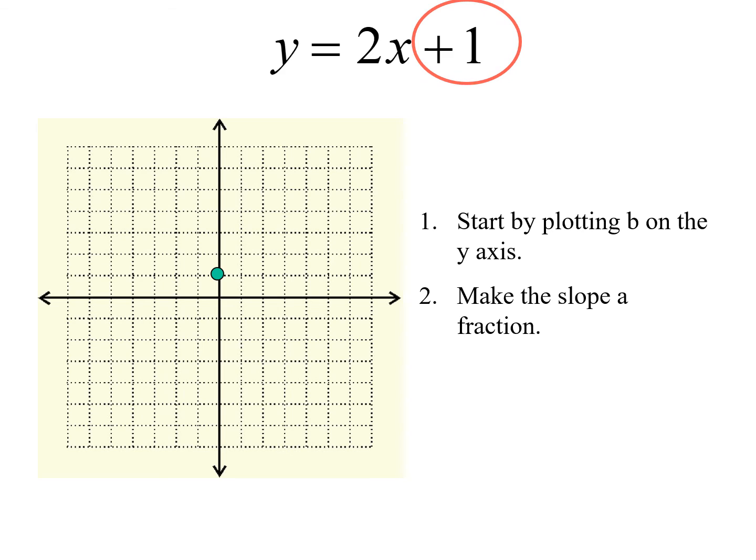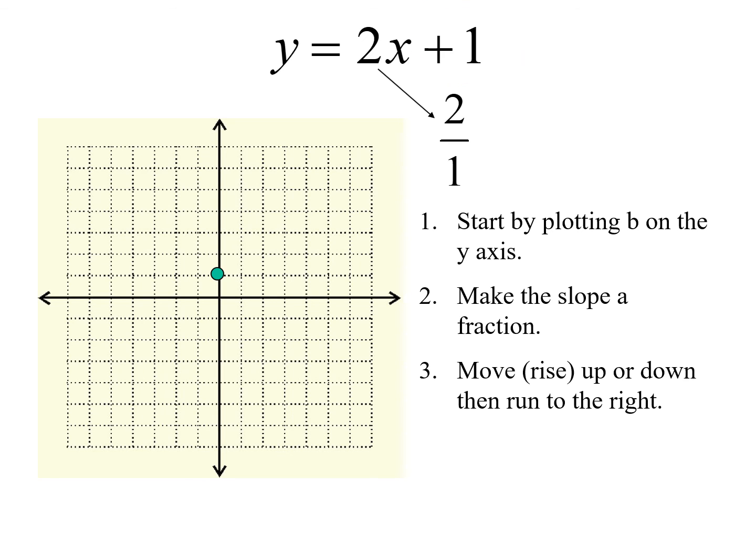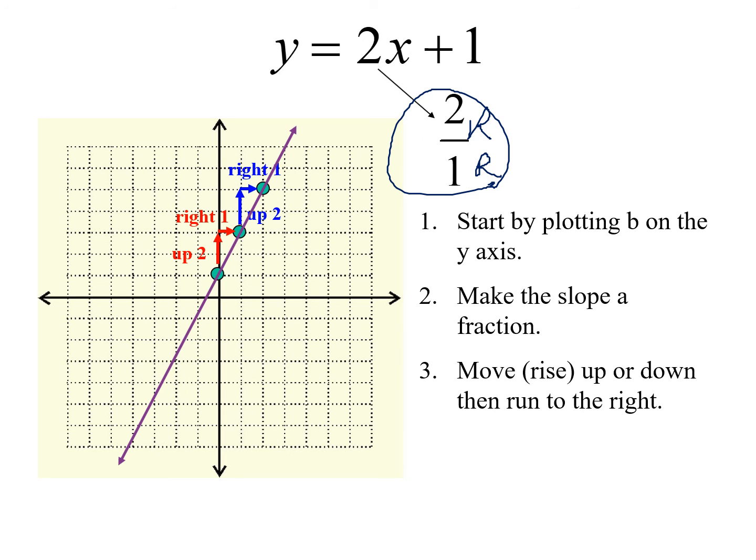And then do your slope as a fraction, 2 over 1. So this is telling you where to go from that first point. The 1 was your intercept, start there, and then go rise 2, run 1. So up 2 and over 1. Okay? And draw your line. Do it about 3 times and make your line go through there.